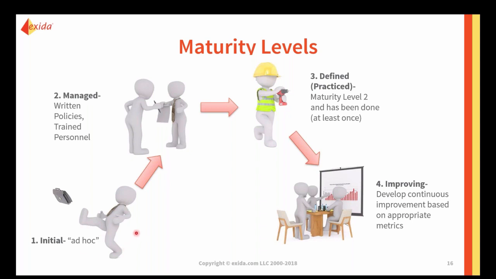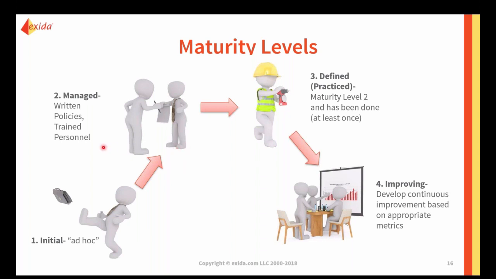The first one is the initial or ad hoc. Essentially that is when the service provider does not have a formal written procedure, so when a capability is needed, they have to do it on the fly. That's not to say that they don't provide good service or that the work done is incorrect, but it's reliant on individuals to perform it, and they don't have written policies or procedures to support them.